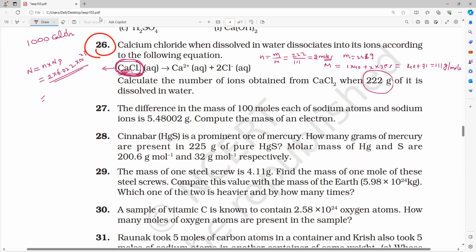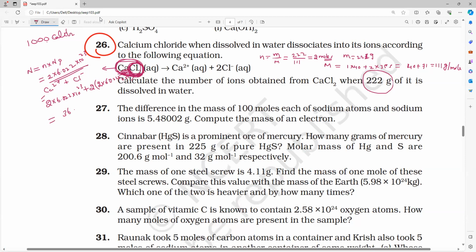So the number of particles of calcium, Ca2+ and Cl-, is 2 into 6.022 into 10 power 23 plus, for chlorine, how many does each particle have? 2. So 2 into the total number of particles 6.022 into 10 power 23. If you do this, you'll get the answer.